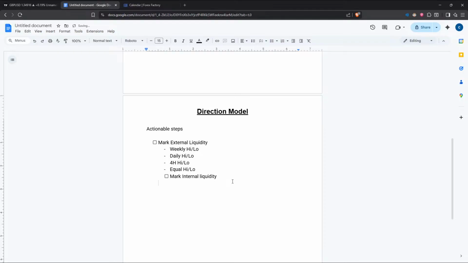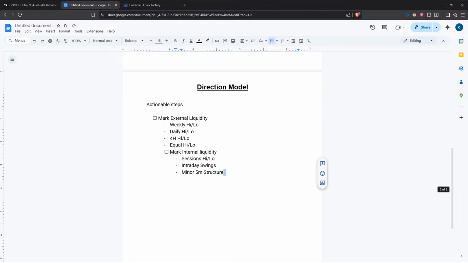Internal liquidity is the same thing, but it is going to be things like session highs, intraday swings, and then minor 5-minute structure. Okay, you see smaller time frame, larger time frame. It's similar processes though. So this is the first step.